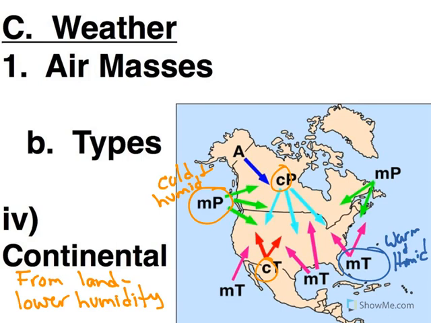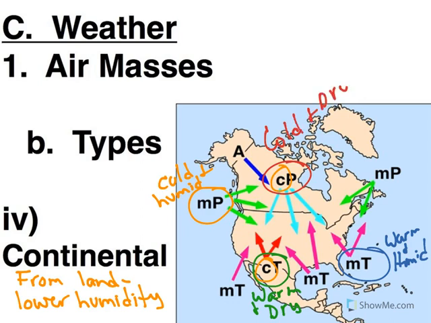Continental and tropical is going to be warm and dry. And continental and polar is going to be cold and dry.